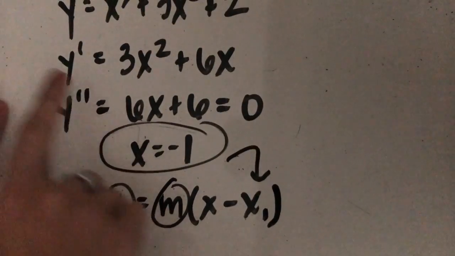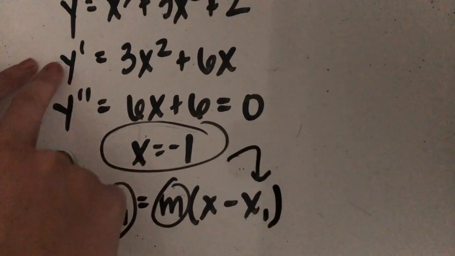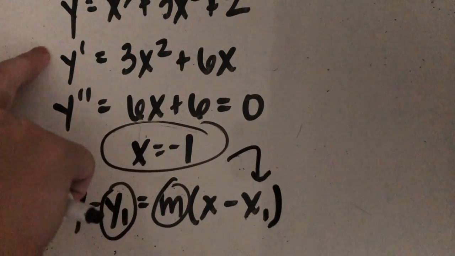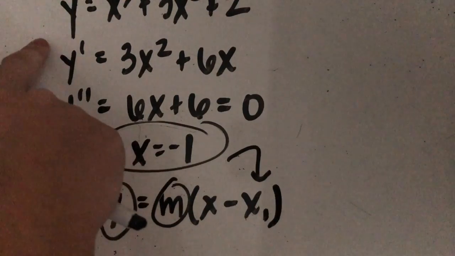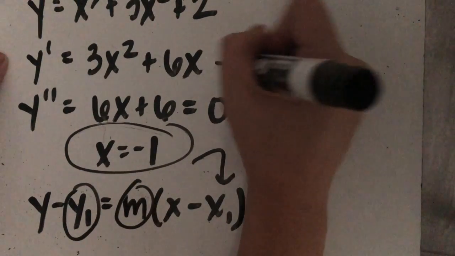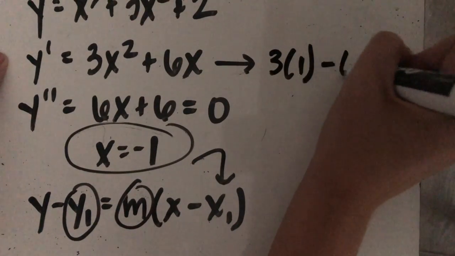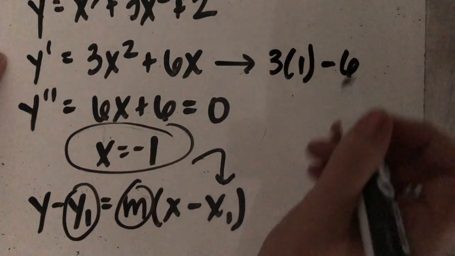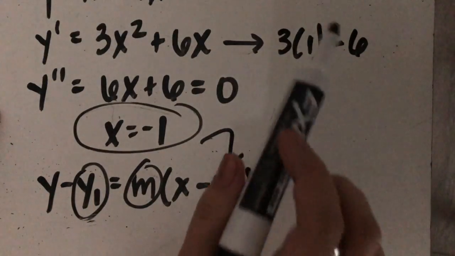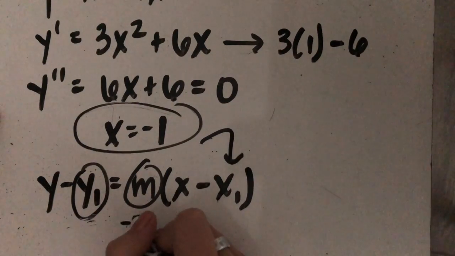The slope is the first derivative. So I need to plug -1 into my first derivative to find that m, which would be 3 times 1 minus 6, which would be -3, okay? So -3 would be my slope, so that would go here.